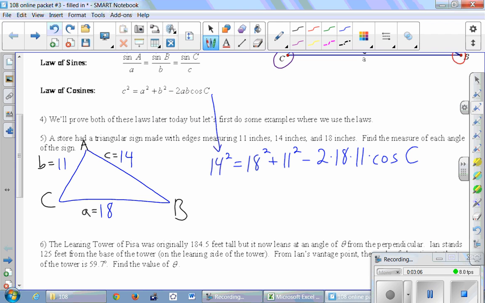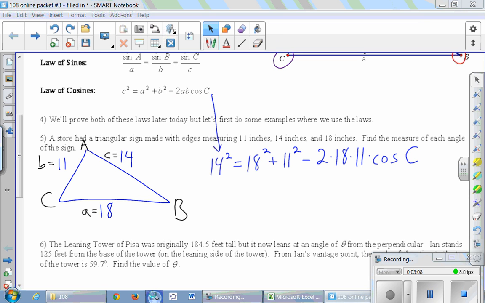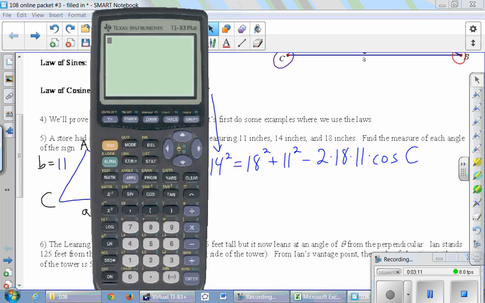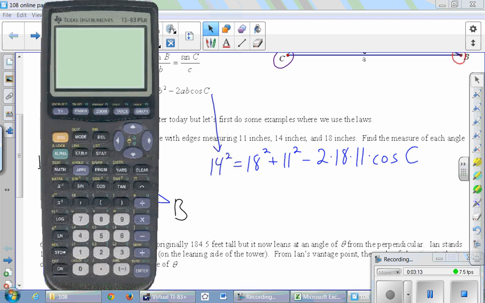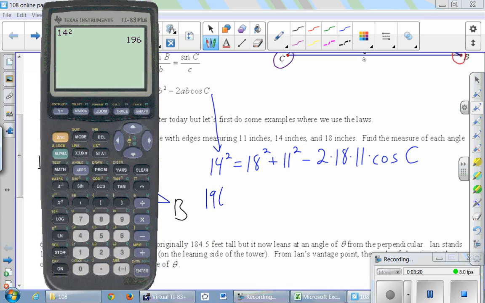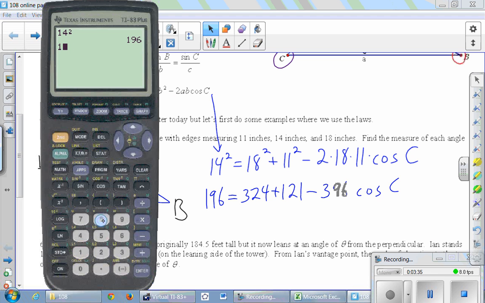And now we'll do a little bit of arithmetic in order to solve this for angle C. Okay, so first 14 squared, I think that's 196. So we're just starting to replace stuff here. So that's 196 equals, I think that's 324, 18 squared, plus 121, minus 2 times 18 is 36, times 11 is 396, cosine of C. Before we get too far, let me just double check my arithmetic. 18 squared is there, and then 2 times 18 times 11.